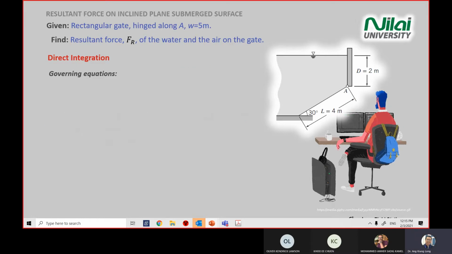Before we move forward, I have a question. Oliver, are you there? Yes, I'm here. Okay, what is the equation for pressure? P equal to what? Force over area.